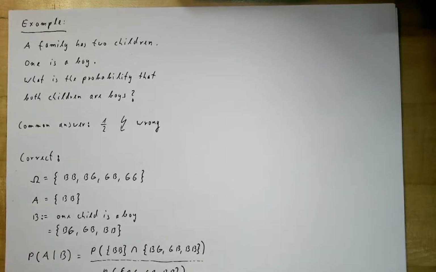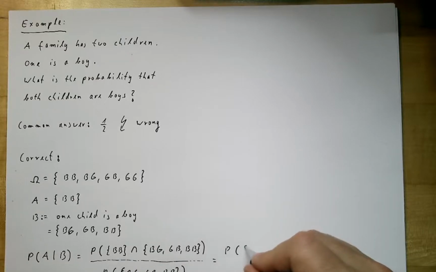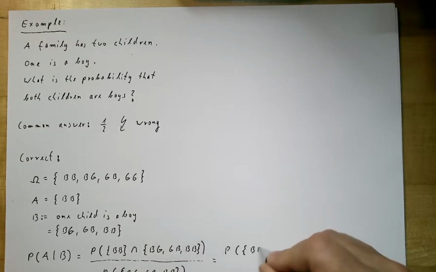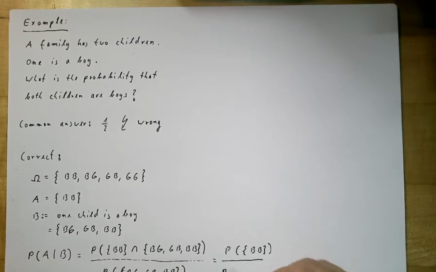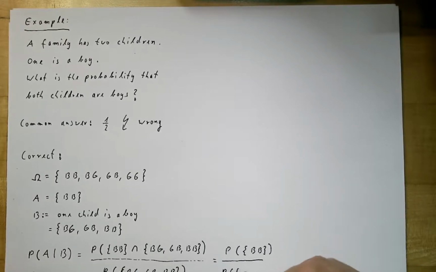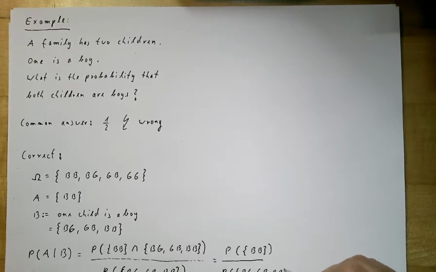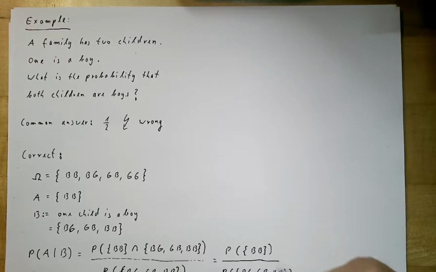And now you see this intersection yields only the set of two boys, and here we still have the set {boy girl, girl boy, boy boy}.